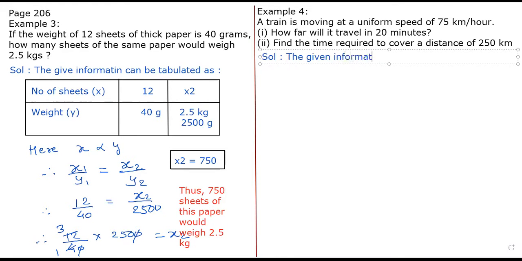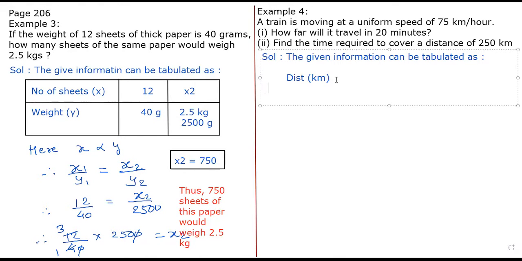Write down, the given information can be tabulated as. Distance in kilometers, and time in minutes.